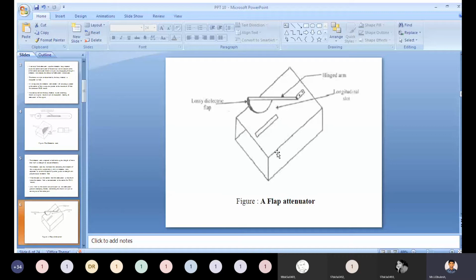A semicircular flap made of lossy dielectric is made to descend into a longitudinal slot, which is cut in the center of the top wall of the rectangular waveguide.